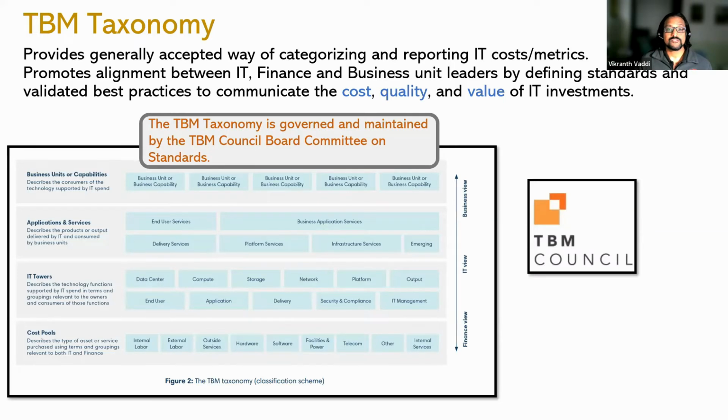IT then talks with business from IT towers to applications, applications to business capabilities. And you see examples of cost pools and IT towers and applications and business units. So this is pretty common in most organizations. You're pretty much dealing with the same IT towers, similar cost pools, similar type of application services.